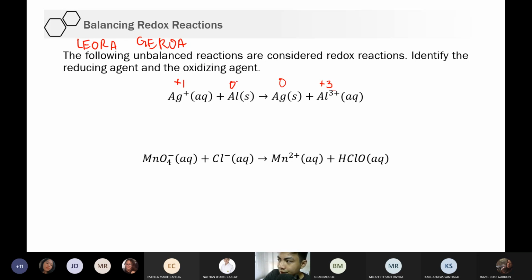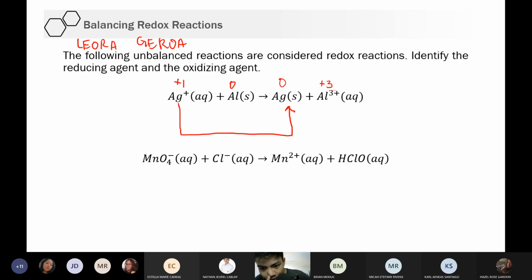Okay. So now, tignan natin. Yung silver, from positive 1, naging 0 na lang siya. What do you think happened kay silver? Na-oxidize ba yan or na-reduce? From positive 1, naging 0. Ano kaya nangyari? Nadagdagan siya ng electron or nabawasan siya ng electron?